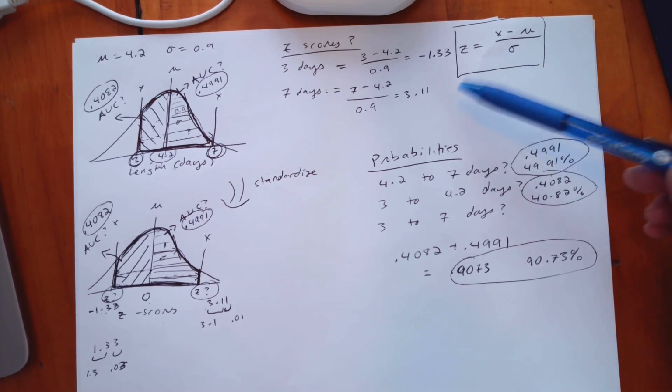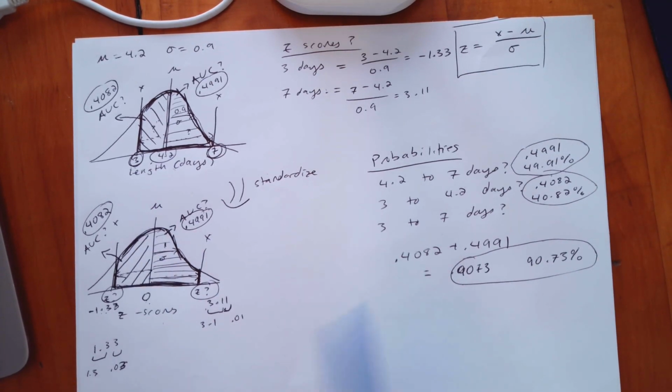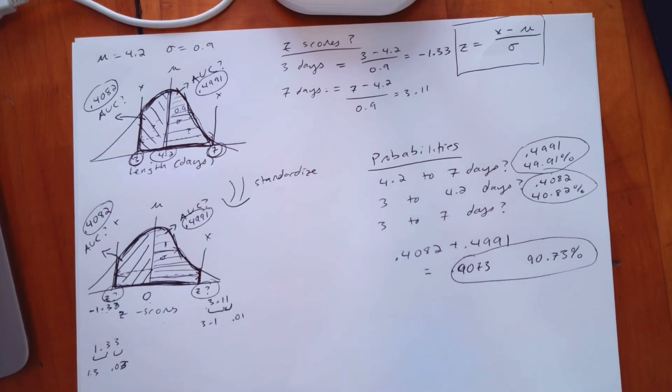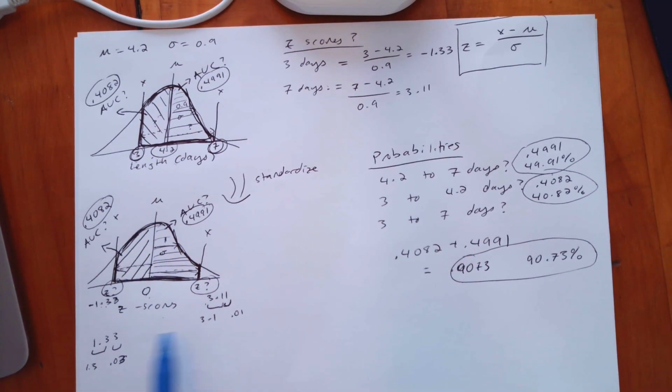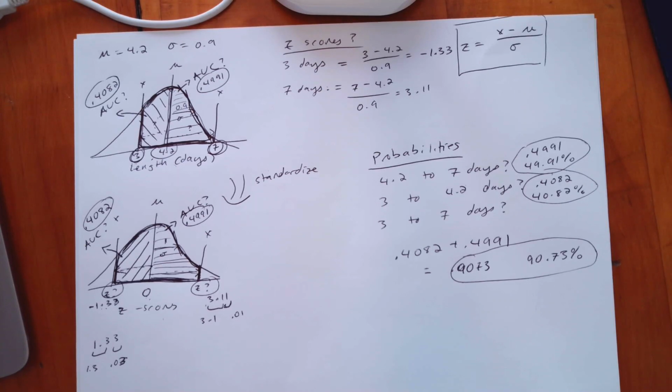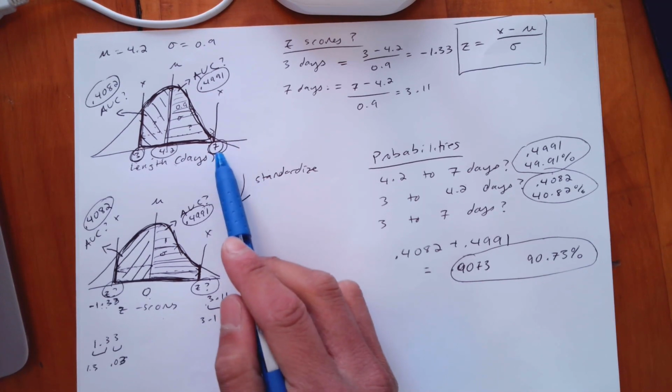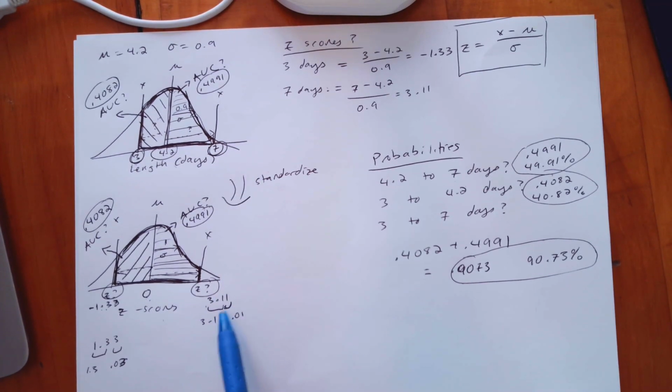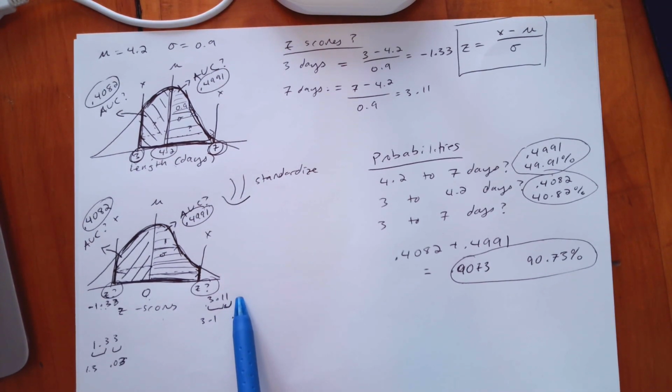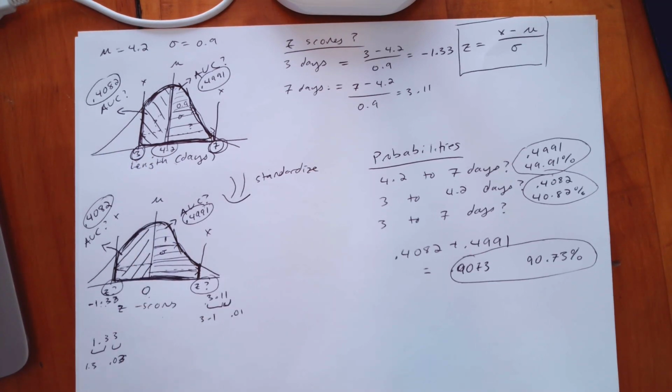So we first found z-scores for our values of interest, which were 3 days and 7 days, and we plotted those on a standard normal distribution. If we convert everything to z-scores, we're going to have a standard normal distribution that looks like this: mean of 0, standard deviation of 1 every time. And here our trial of 7 days is going to sit at 3.11 as a z-score, and our trial of 3 days is going to sit at negative 1.33 as our z-score.